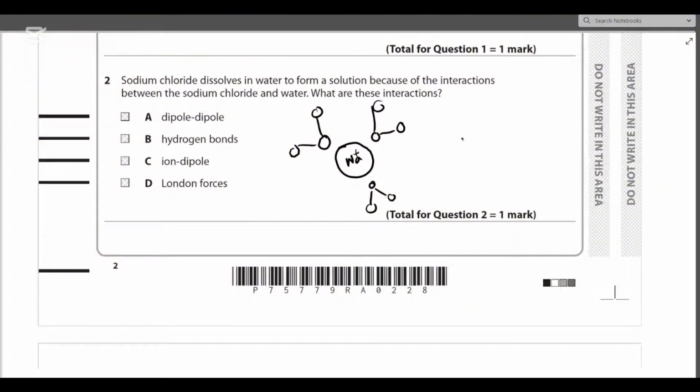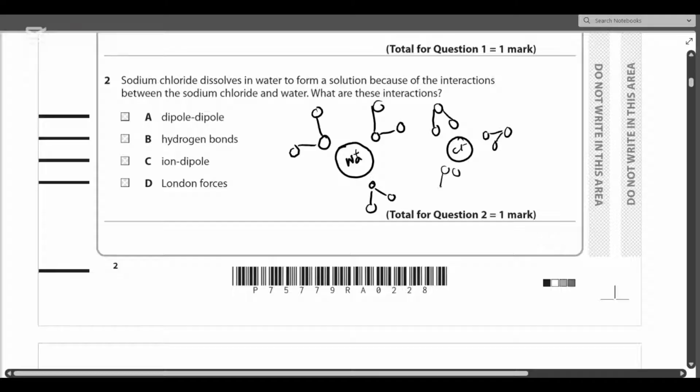And for the chloride ions, the hydrogen atoms from the water molecules basically engulf them, like this.